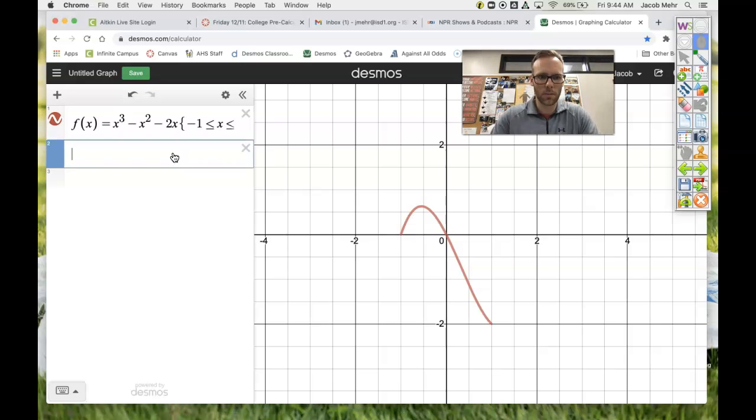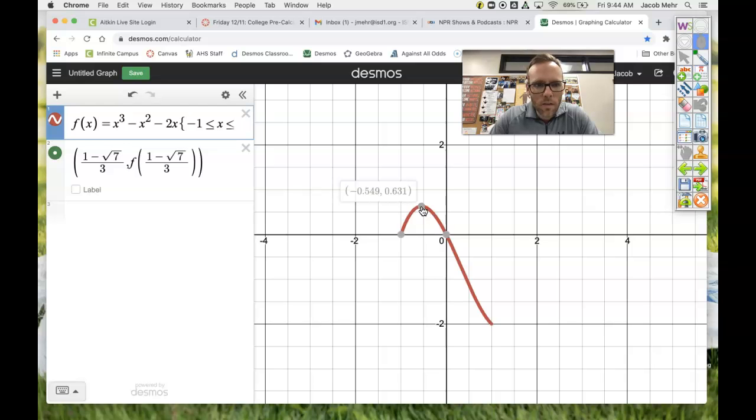So to do that, I'm going to type in 1 minus the square root of 7 over 3, comma, f of 1 minus the square root of 7 over 3. Well, that doesn't look right, does it? Now what happened?